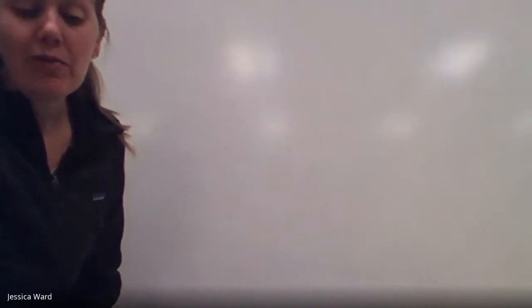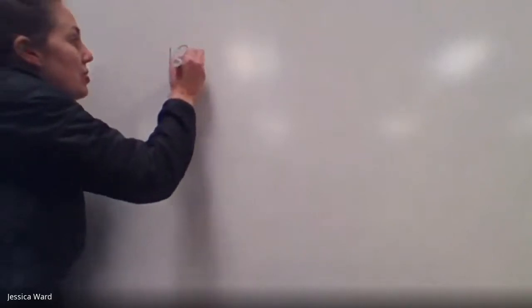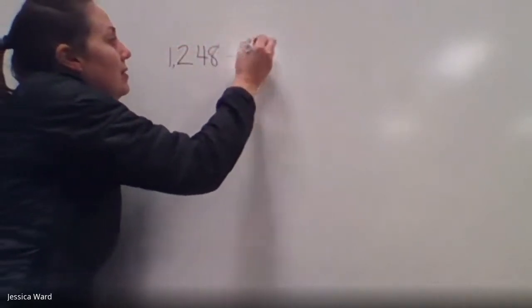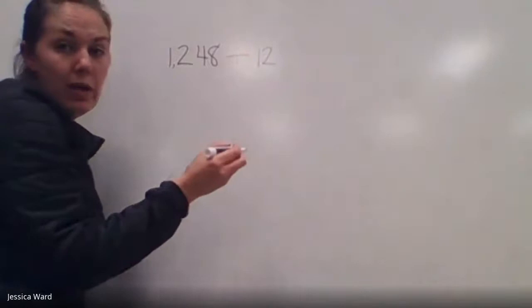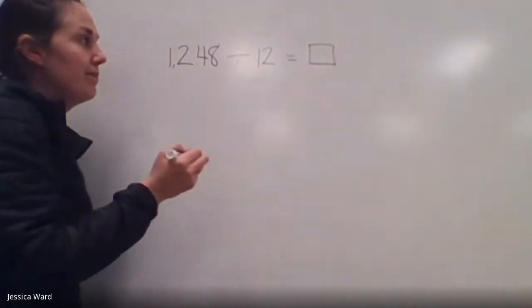Okay, so they have it written out as an area model, right? We have 1,248 eggs. They're divided into packages of 12. So how many packages would there be?